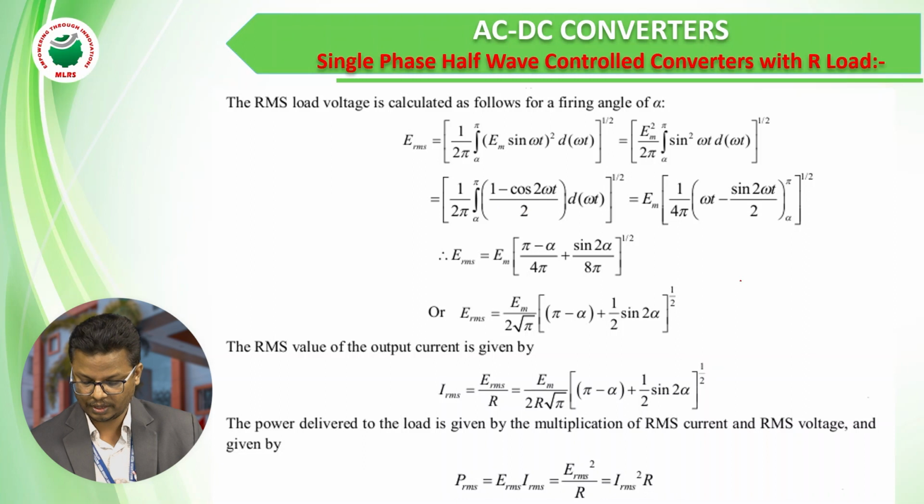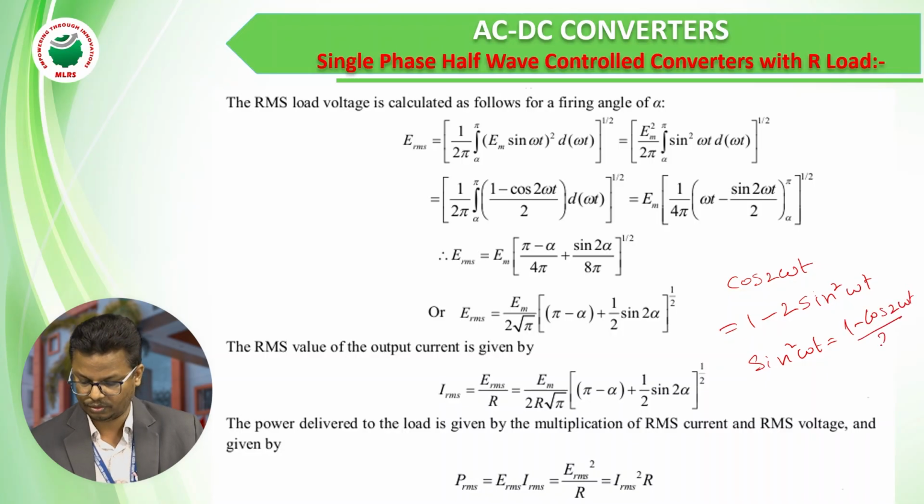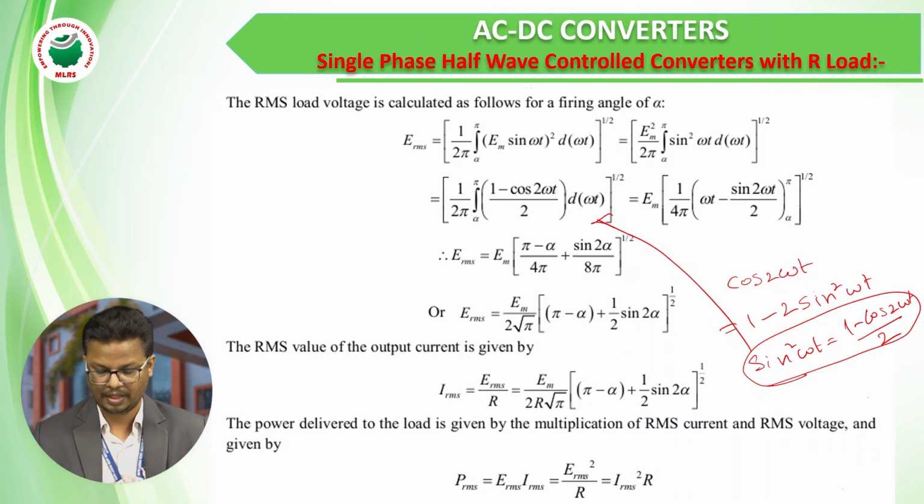We know cos 2 omega t can be written as 1 minus 2 sin square omega t, so from this formula we simplify to get sin square omega t equal to 1 minus cos 2 omega t by 2. This formula is substituted here. After substituting, we separate 1 by 2 and cos 2 omega t by 2, and substitute the limits of alpha and pi.